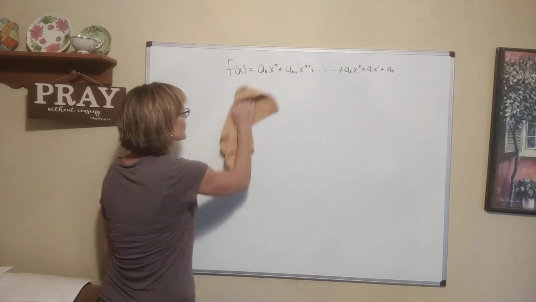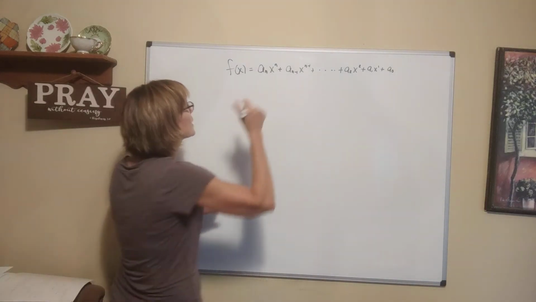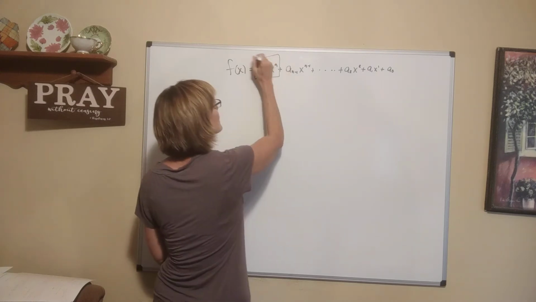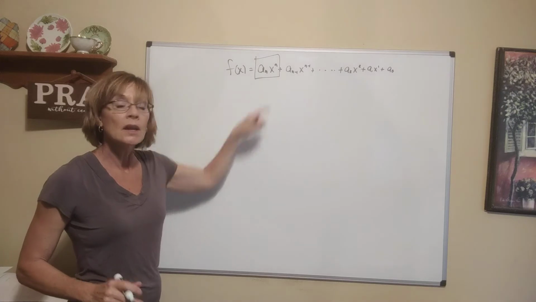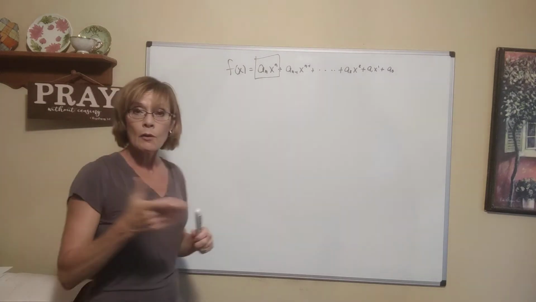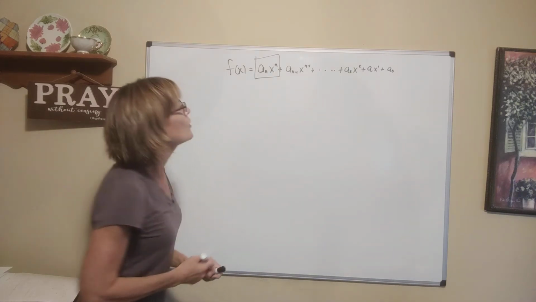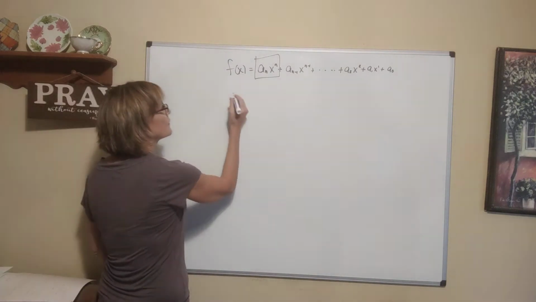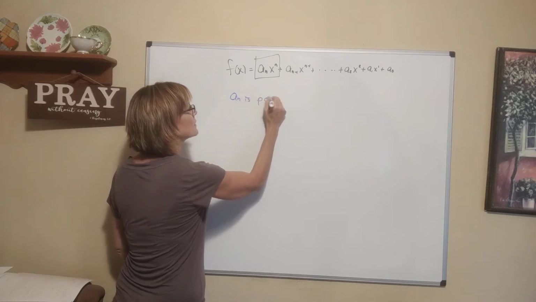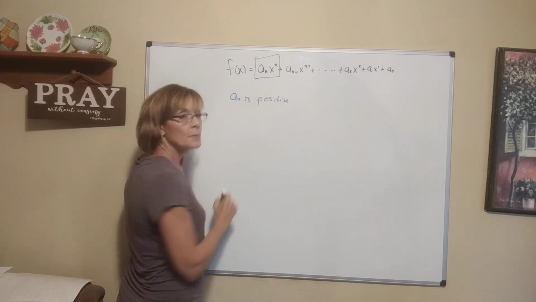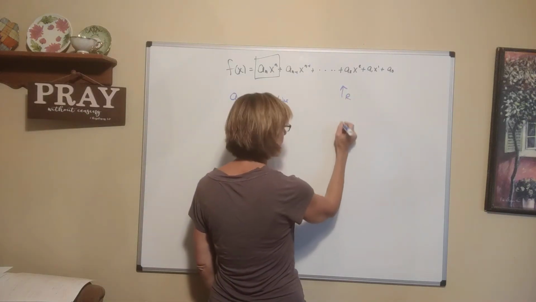The end behavior of any polynomial can be determined just by looking at the leading term right here. This leading term: the coefficient here, a sub n, and the degree. So this is how it works. If the leading coefficient a sub n is positive, then it's going to be up to the right, okay?